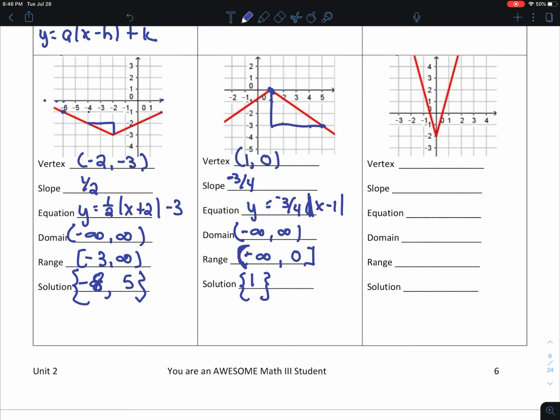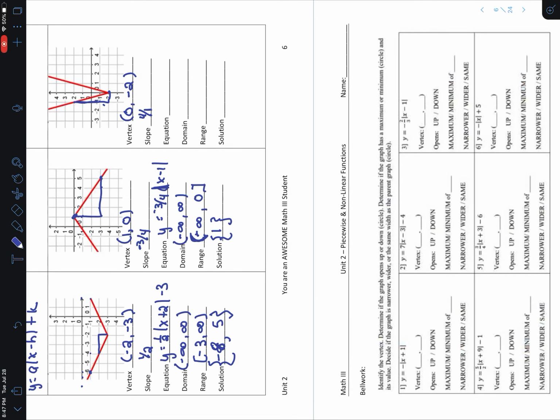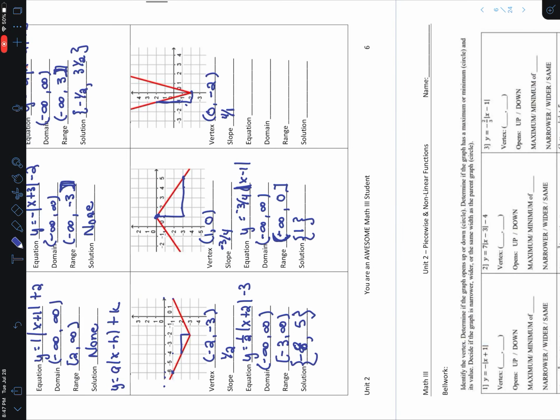All right, last one. My vertex is 0, -2. My slope, 1, 2, 3, 4. I ran 1 and I rose 4, so 4 over 1. Okay, and my graph keeps changing.